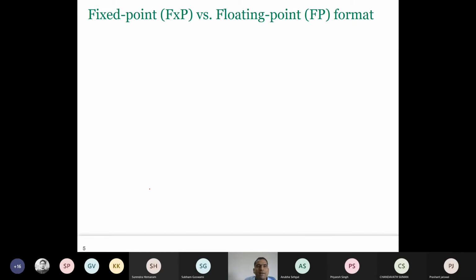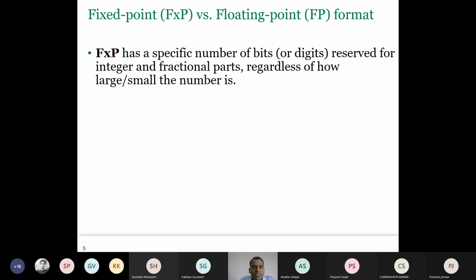So, fixed point versus floating point format. Here I'm reviewing it for the first time. Later on, I will explore it in full detail. In a fixed point system, we have a fixed number of bits reserved for integer and fractional parts, regardless of how large or small the number is.